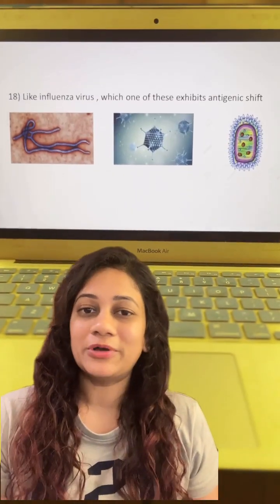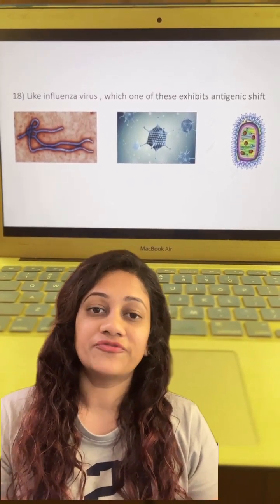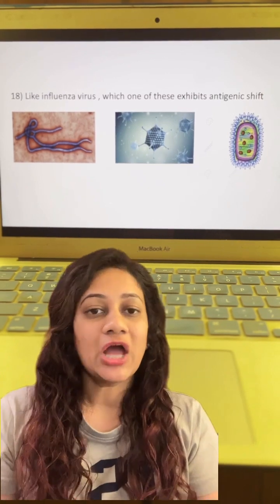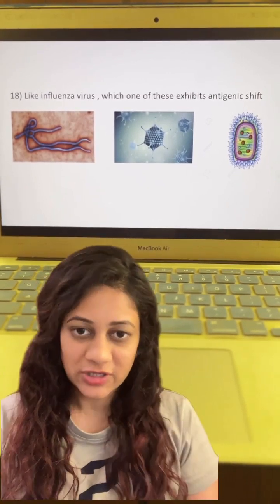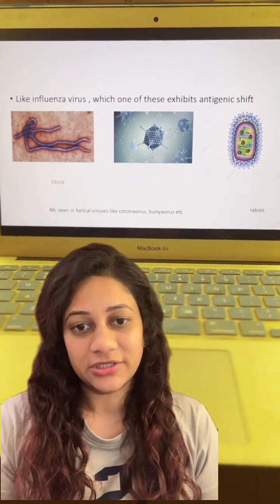Coming to another image based question, like influenza virus, which one of these exhibits antigenic shift? Now this same question was asked in the evening session. Only the words antigenic shift were removed and the words genetic reassortment were added there.